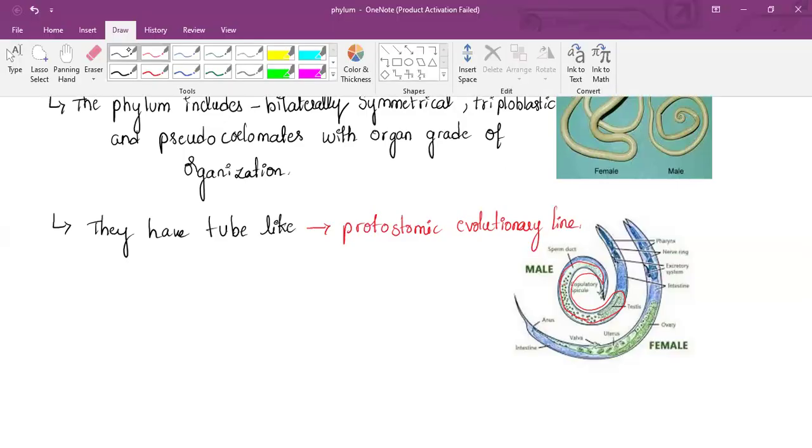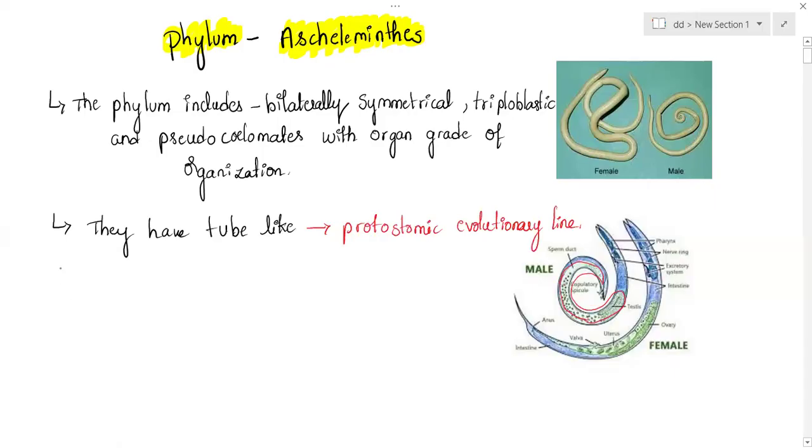Then here, the alimentary canal is complete with a well-defined muscular pharynx. What do you mean by alimentary canal? Digestive tract.